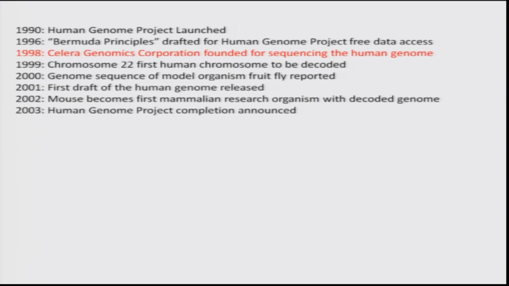And finally, they went into many other disciplines which could have commercial applications. In 99, chromosome 22, the first human chromosome, was decoded. Model system genomes have come. In 2001, the first draft of the human genome was released, and in 2003, the Human Genome Project was completed.